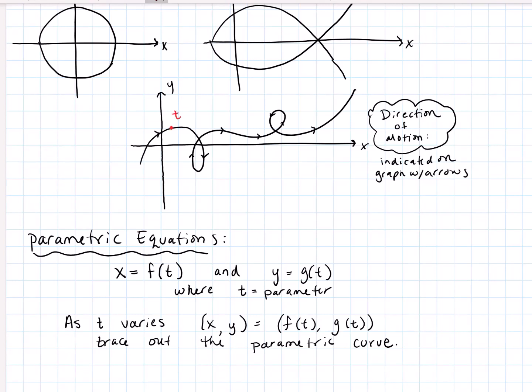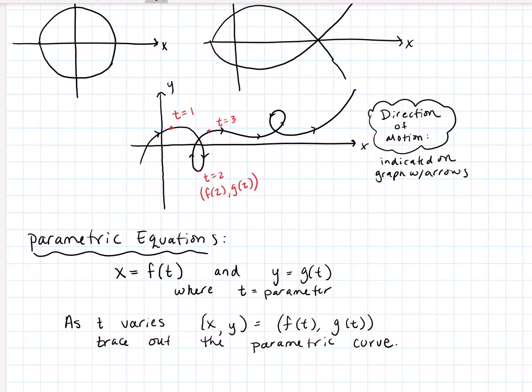So possibly at t equals 1 second, the object is here in the pathway, and then over here at t equals 2 seconds, and up here at t equals 3 seconds. And we could figure out what those corresponding ordered pairs are at those specific points. So the parameter defines ordered pairs that then trace out the curve.